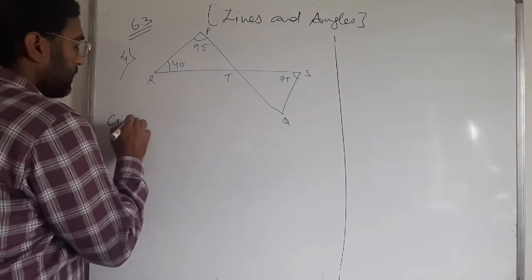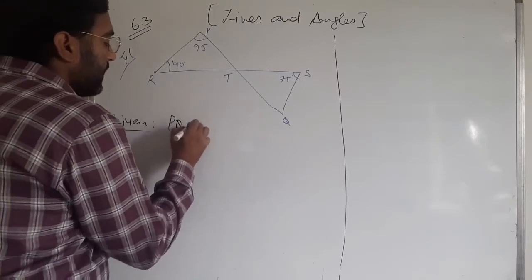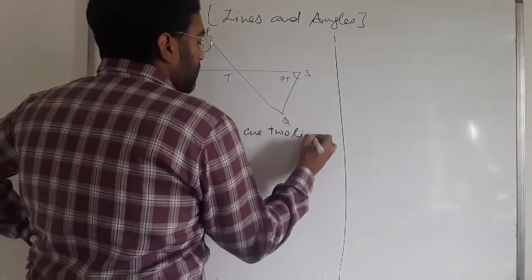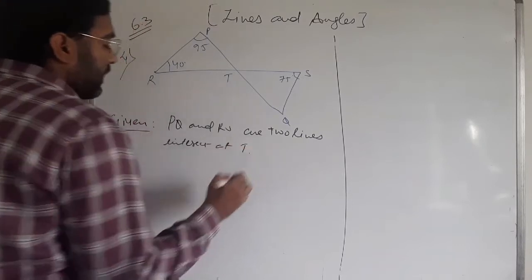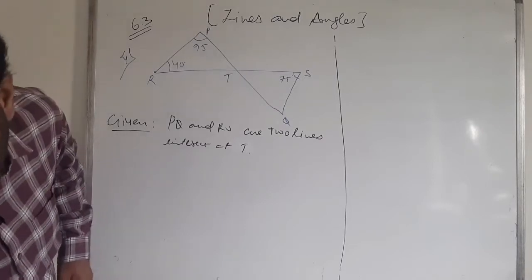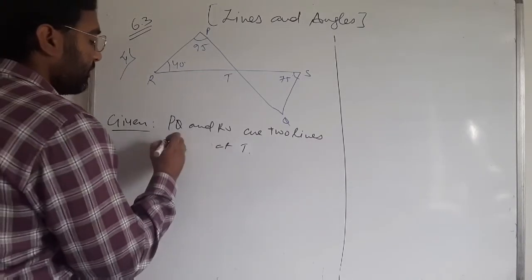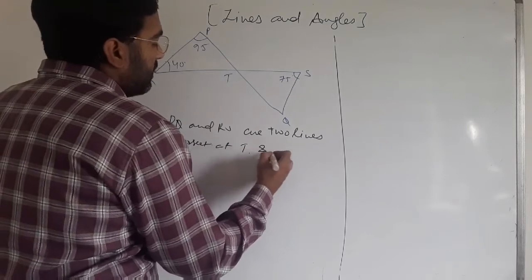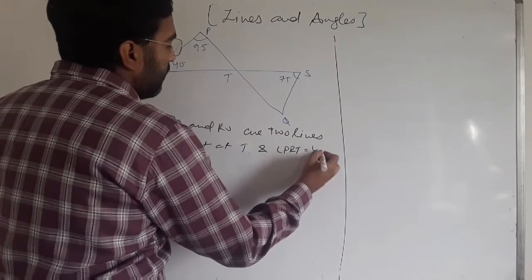From the given, PQ and RS are two lines that intersect at T. And the second thing, angle PRT is equal to 40 degrees.